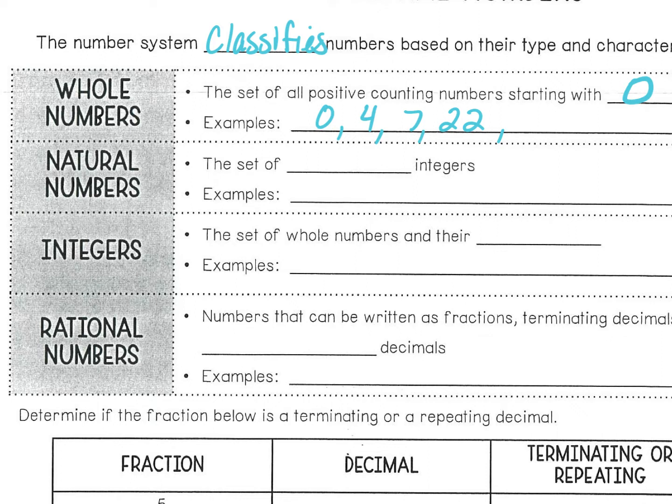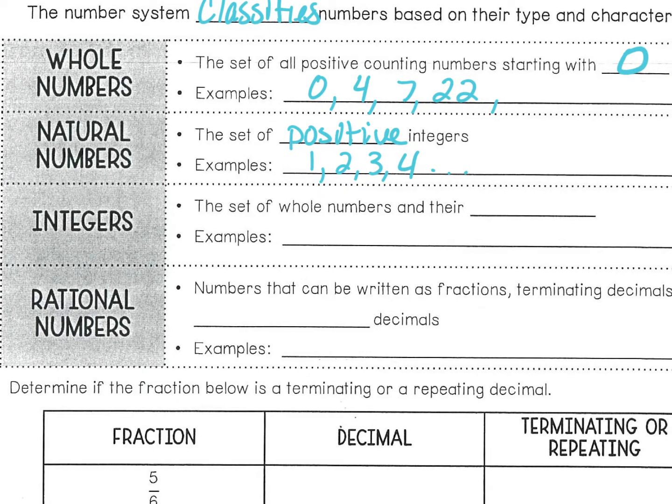Then now we look at natural numbers. It's a set of positive integers specifically. Natural numbers don't include 0. They start with 1. So like 1, 2, 3, 4, and so on and so forth, and then it keeps going.